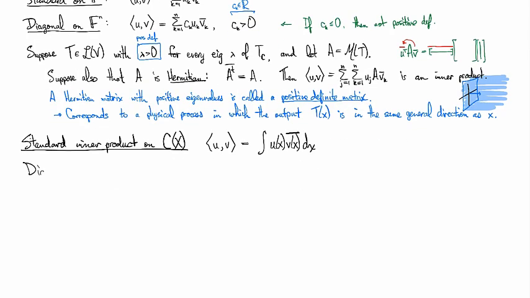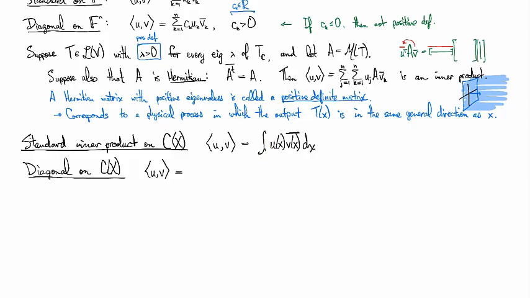We also have the diagonal inner product on Cx. So this one comes up relatively often. You'll see it if you take differential equations, for example, especially if you take partial differential equations. And so in this situation, oh, and I forgot something right here.